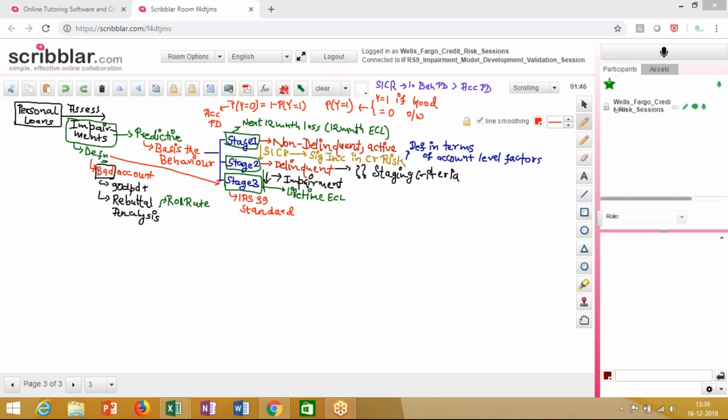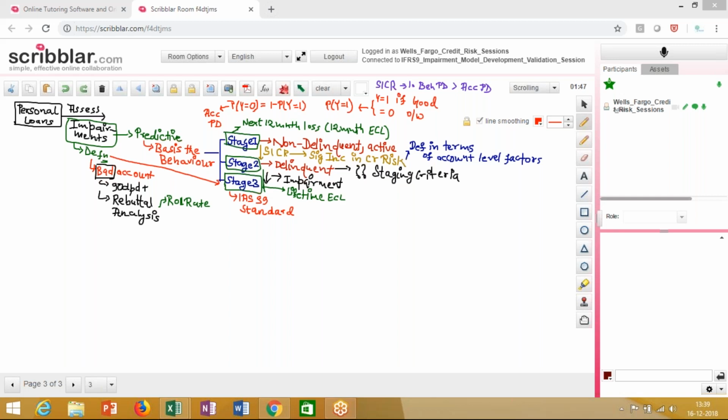Whatever is the probability of default and the date when it was acquired, that difference is computed. If the behavior PD as on 28th Feb is greater than the acquisition PD of that account, then it has undergone a significant increase in credit risk.